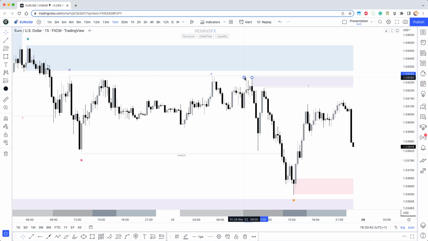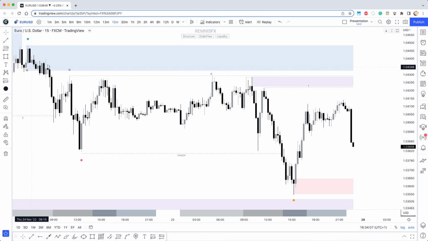Very minimal, but this wick here took out the liquidity from this candle, this doji candle, and this candle. And this could be your high probability point of interest, right above your inducement sitting. And the same thing, of course, here, your engineered liquidity.